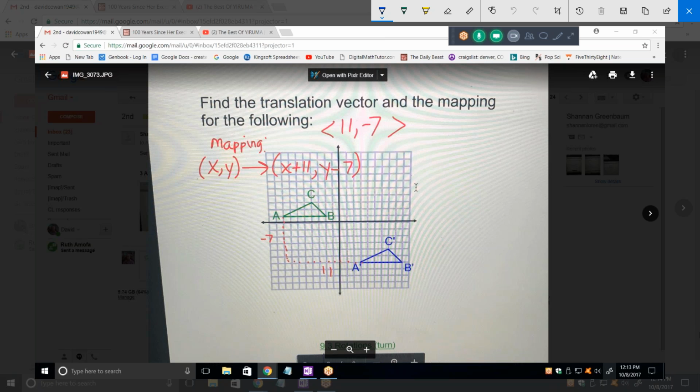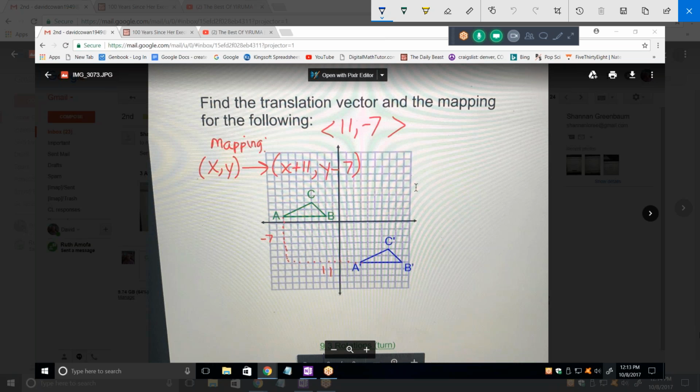In other words, what's the difference between A and A prime? What's the difference between C and C prime? What's the difference between B and B prime? You'll find out that all 3 differences are the same because that triangle has not been rotated. It's the same exact size, congruent with the green triangle.